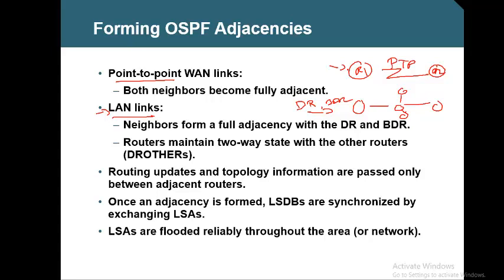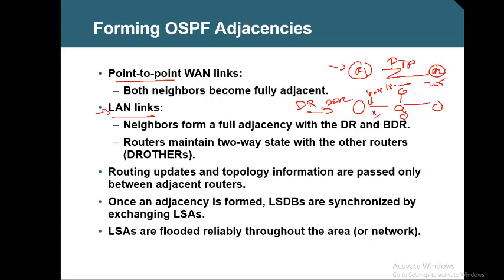And we all know the DR-BDR election process. The router with the highest priority becomes the DR. To configure priority, you need to go to the interface and say ip ospf priority and give a number. Maximum is 255. The default is 1.